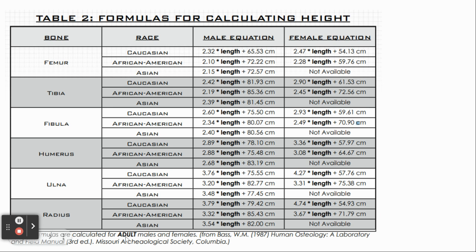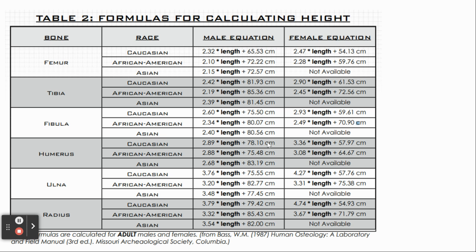You'll notice here formulas are calculated for adult males, but for adult males and females, so again, you get a little bit of variation between the two. But again, this is something that has been done many, many times.